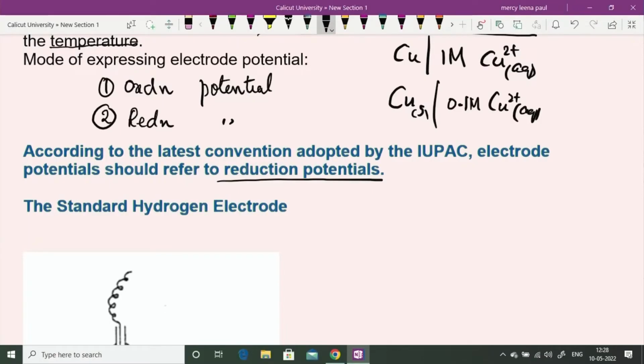So, IUPAC has fixed a rule to represent electrode potential: electrode potentials should refer only to reduction potentials, and that is the reason when I take a single electrode, I represent the electrode reaction as reduction. That is an IUPAC rule to be followed.